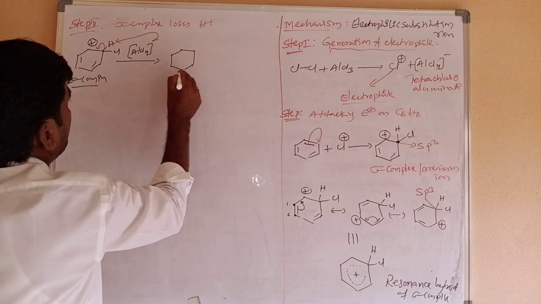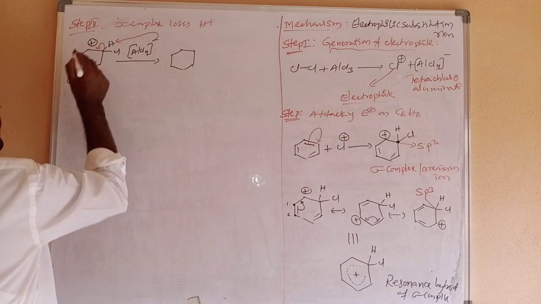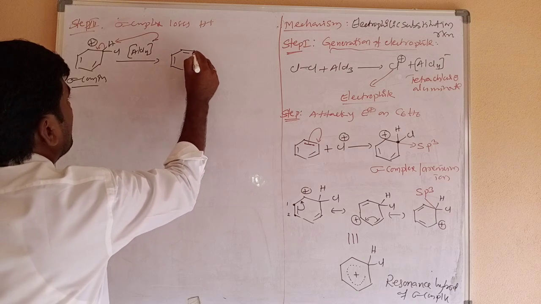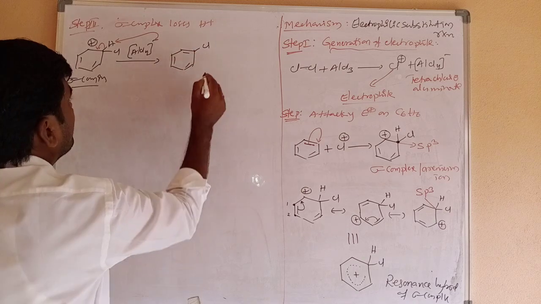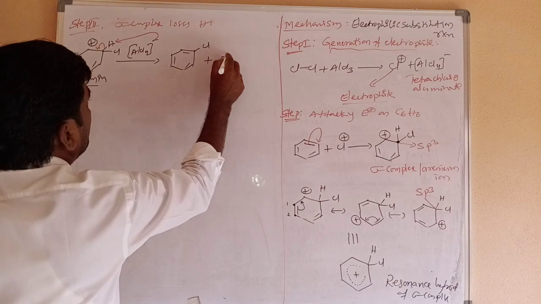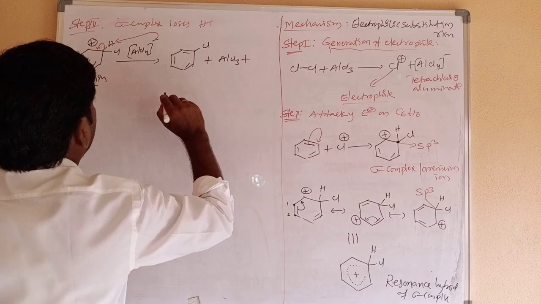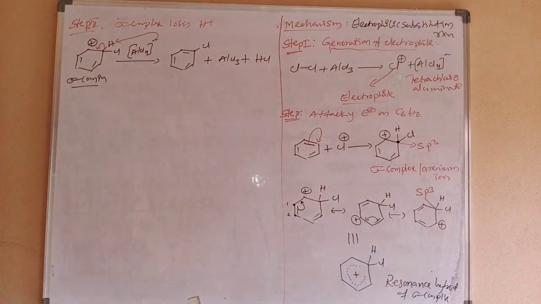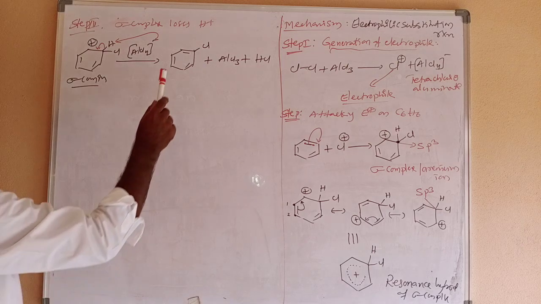When the pi bond shifted here, the positive charge became neutral, and the single bond to Cl exists. Then AlCl3 plus HCl will form; hydrogen chloride will form. In this step, the sigma complex or arenium ion restores its aromatic character.